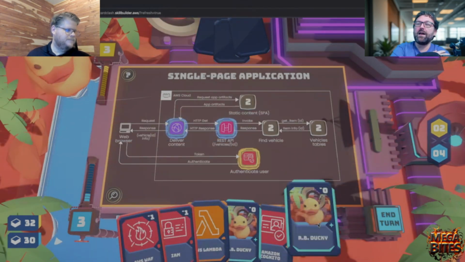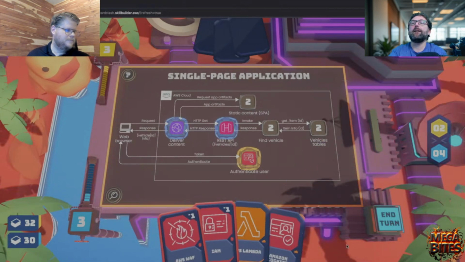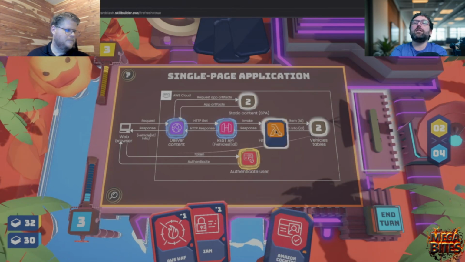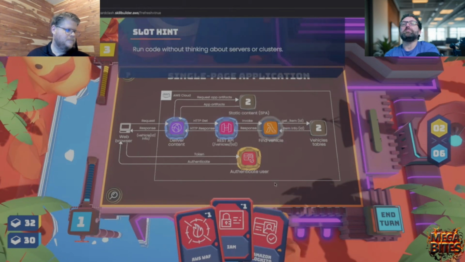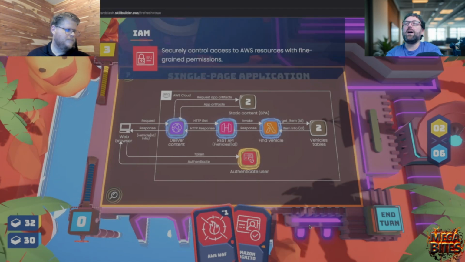So we can place Lambda and IAM. We ain't gonna need either of these. Can't put Cognito on because it's secured. Can't put WAF on.